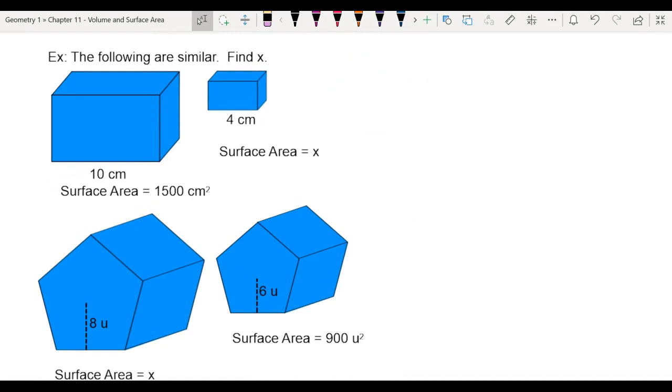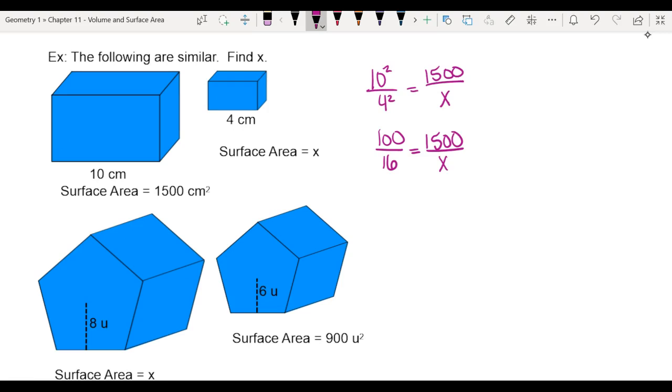So the next one says, the following are similar, find x. This one talks about surface area. For surface area, what do you do to your sides? Square them. So we're going to square 10, and we're going to square 4. So you would do 10 squared over 4 squared equals 1,500 over x. 10 squared is 100. 4 squared is 16.